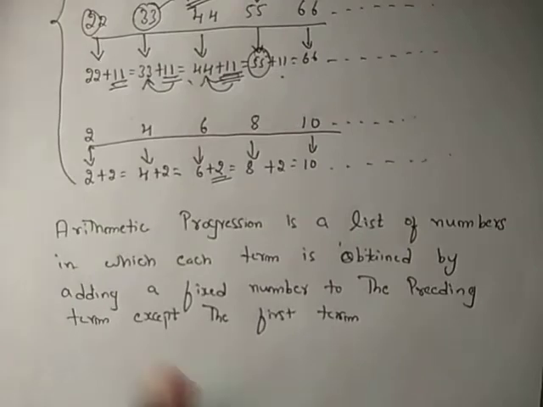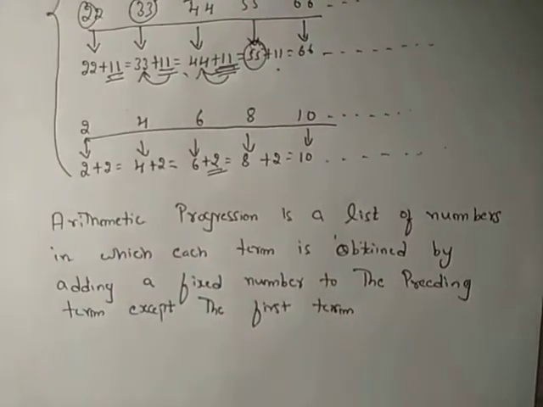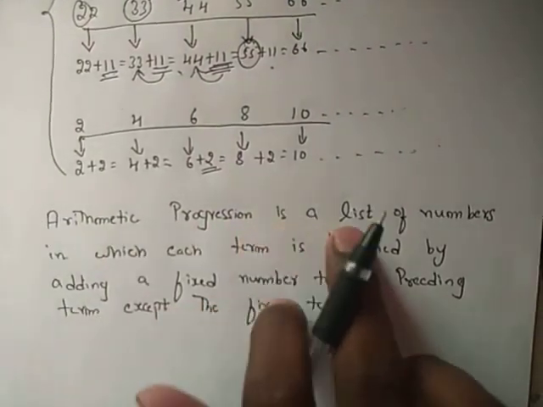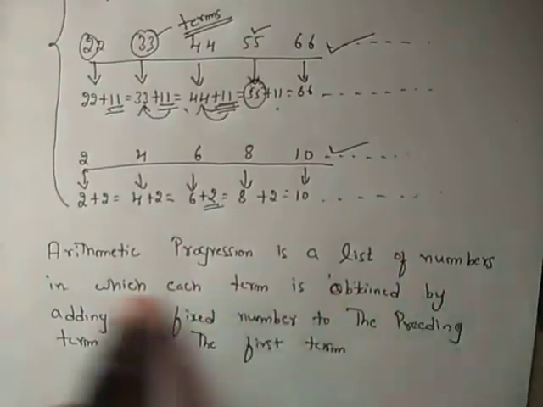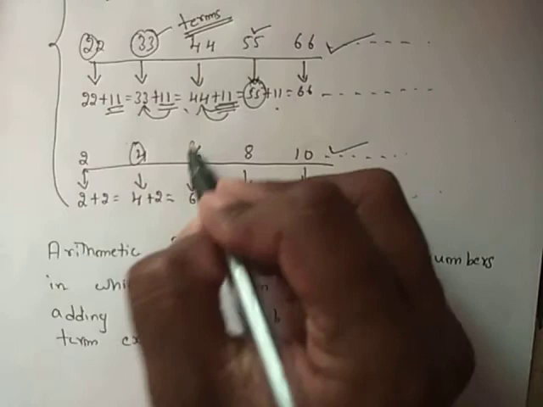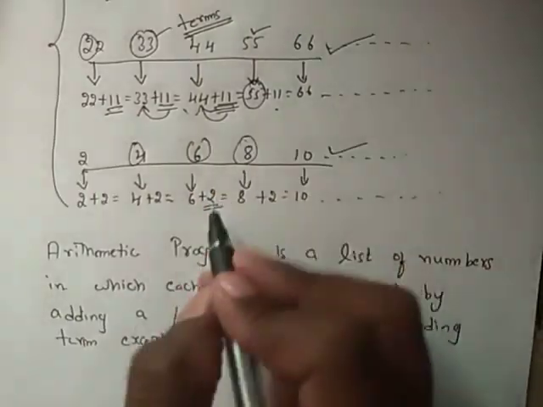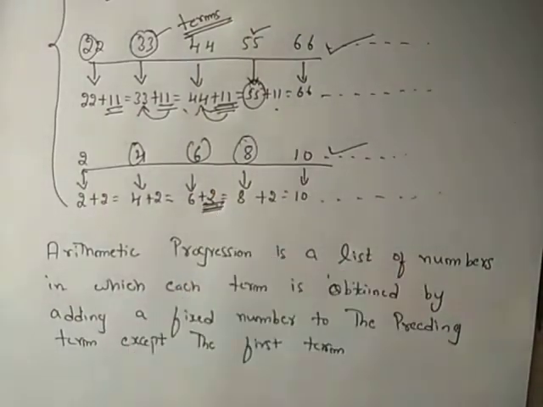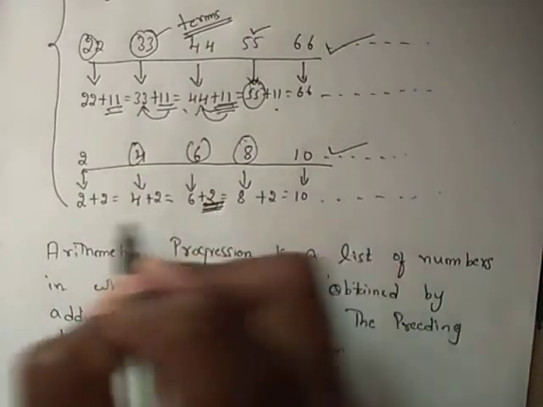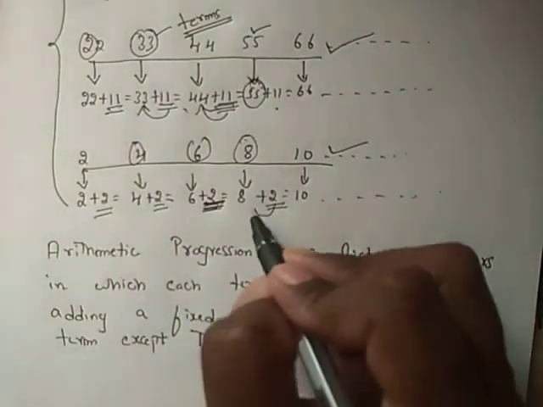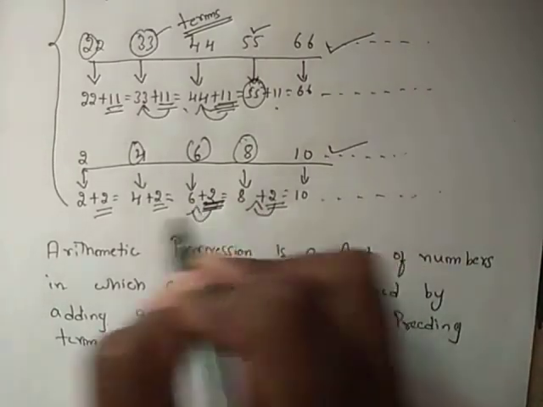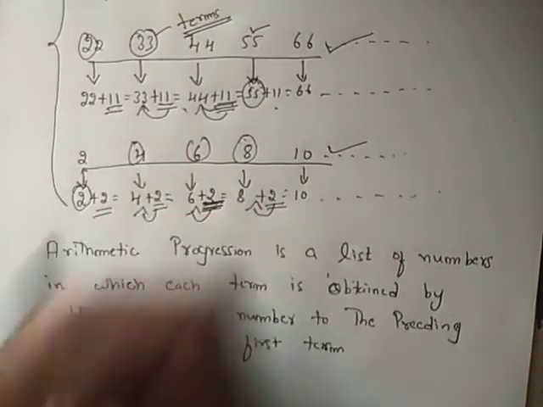So the definition is: arithmetic progression is a list of numbers in which each term is obtained by adding a fixed number to the preceding term, except the first term.